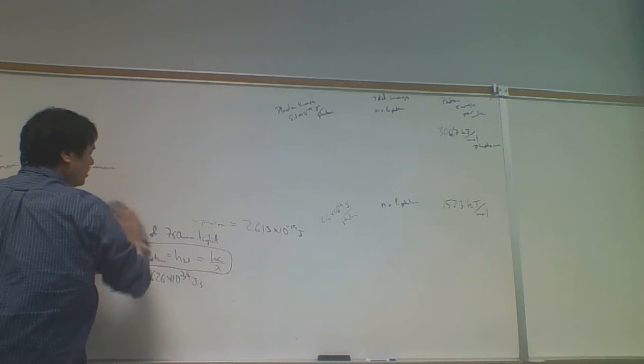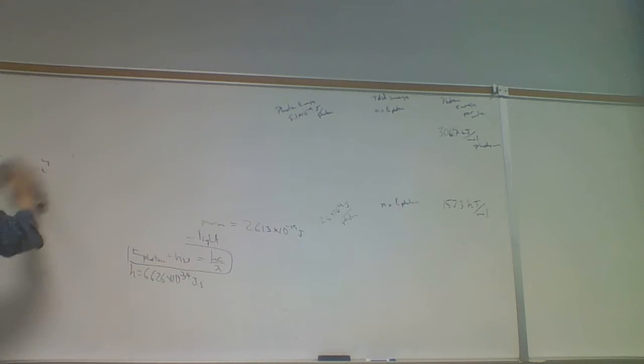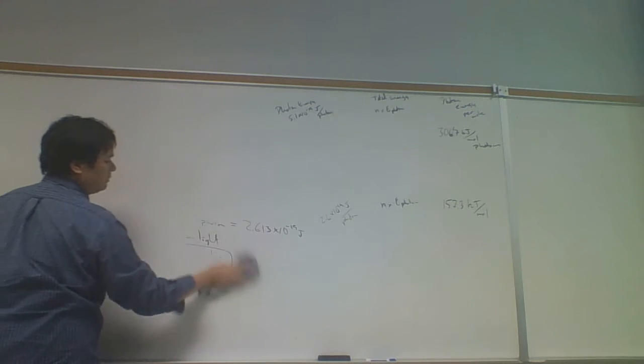And so let's try to visualize this. What's the difference between a 10-watt light bulb and a 100-watt light bulb? Think. 10 watt is a lot dimmer, right? 100 watts a lot brighter.